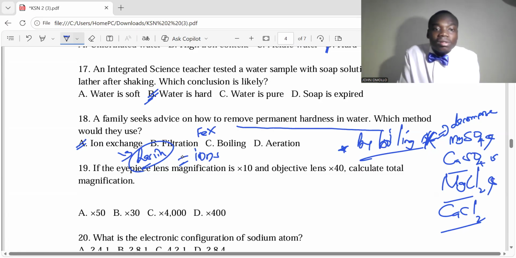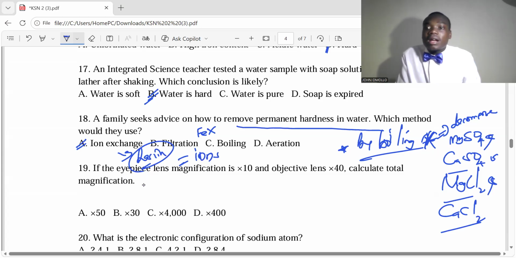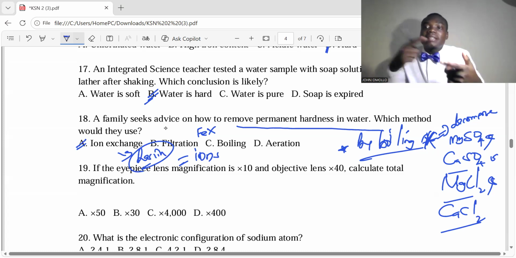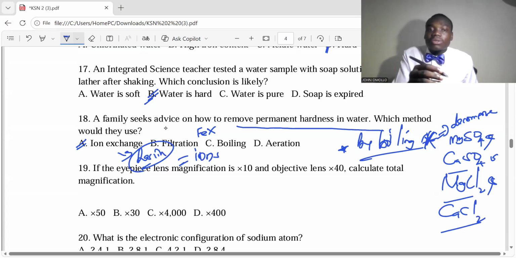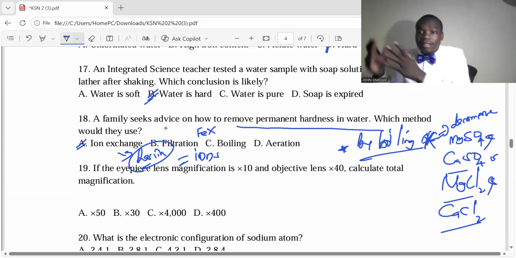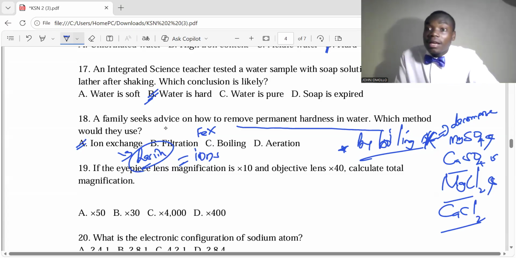The ions present in this ion exchanger are exchanged. The ions of magnesium and calcium are exchanged with the ions within the resin. So in that case, permanent hardness can be easily eliminated.